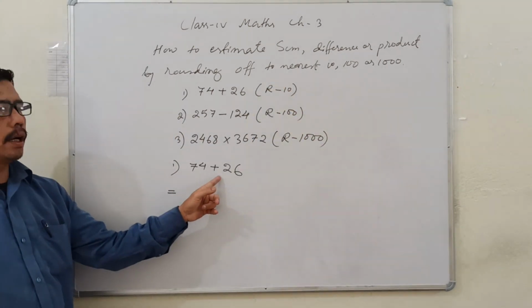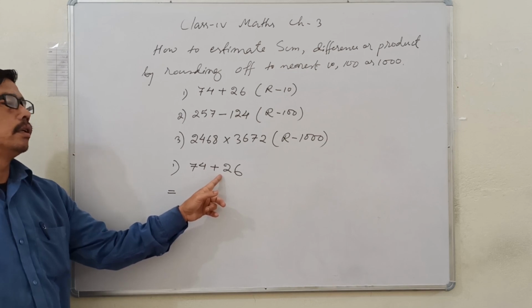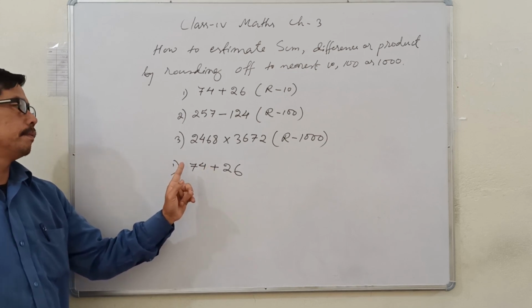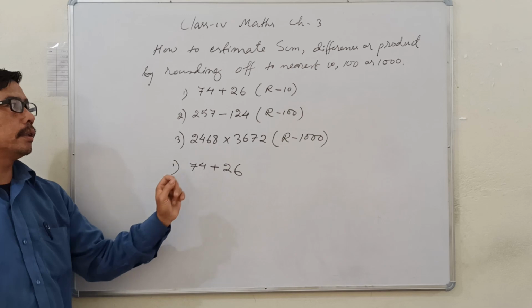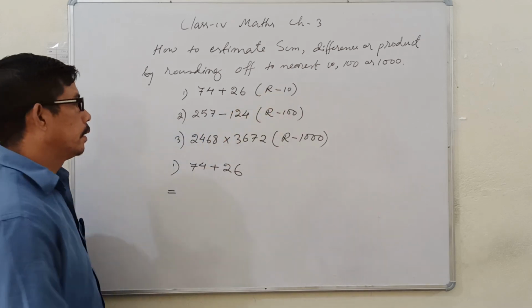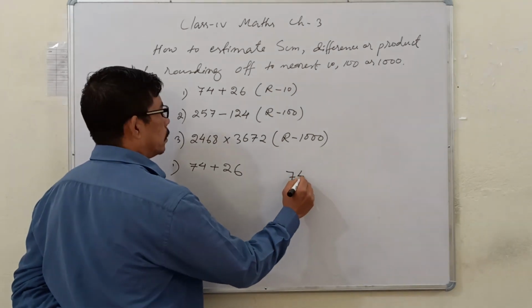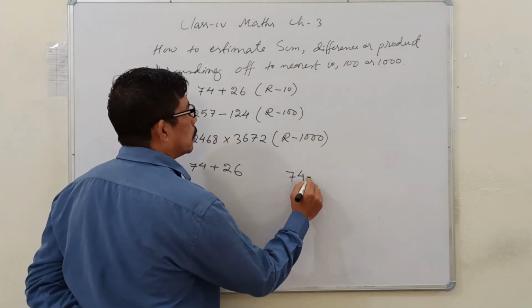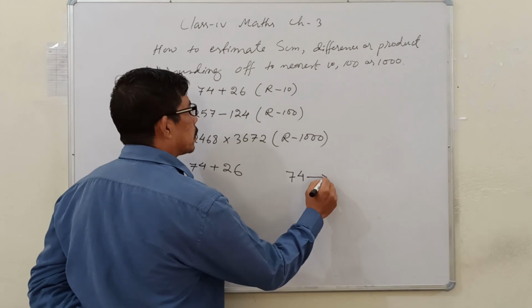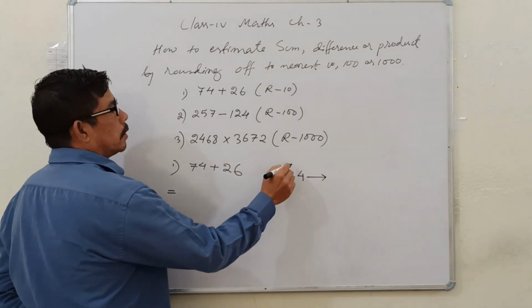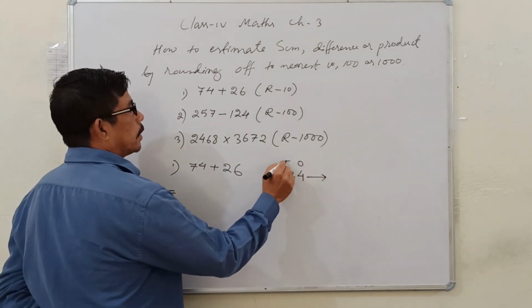To estimate the sum, first we shall round off the two given numbers to nearest 10. So let's round off 74. This is 1's place, this is 10's place.